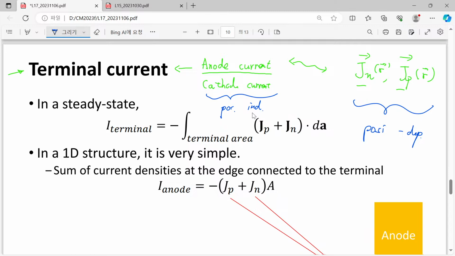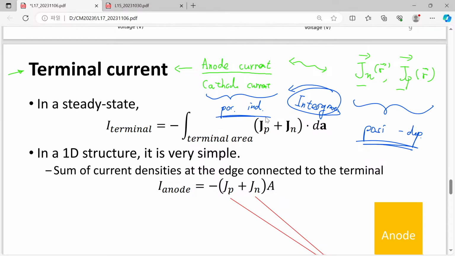So when you have a position independent quantity and a position dependent quantity, and you know that they are closely related, then what you can expect is maybe there will be a certain relation of integration.